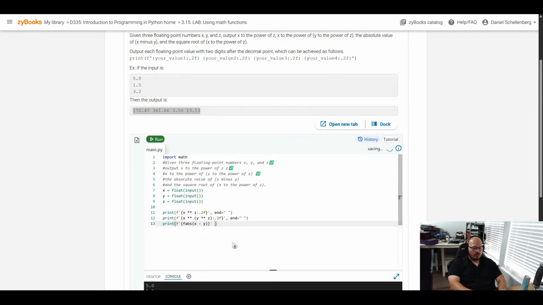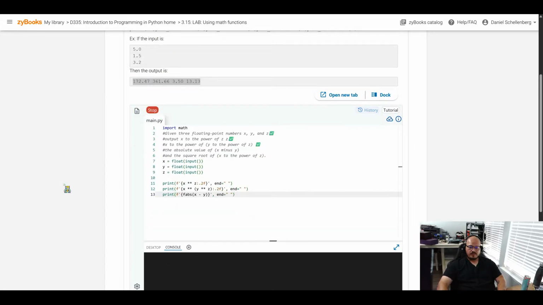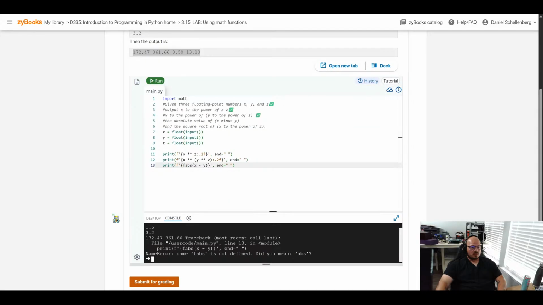So let's see if it does it this way. Same thing, 5.0, 1.5, 3.2. Okay, so fabs is not defined.